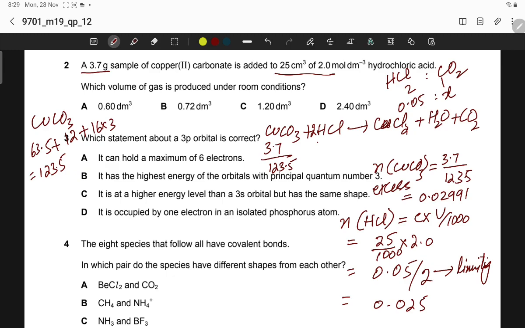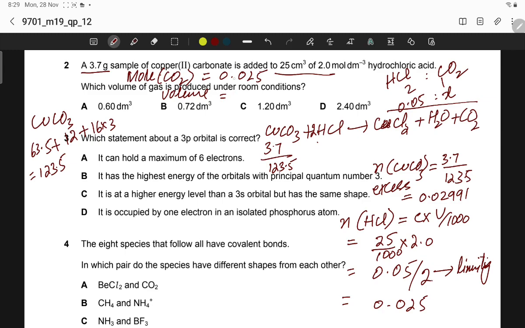So the moles of carbon dioxide, CO2, is equal to 0.025.